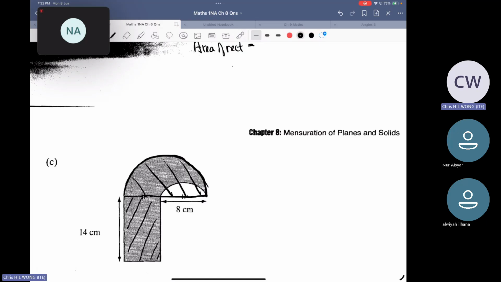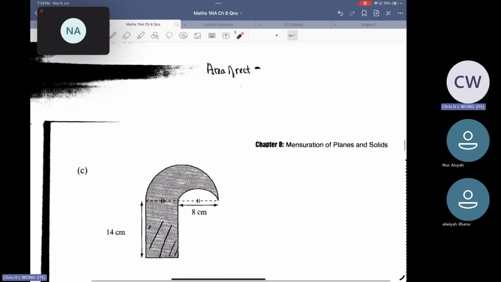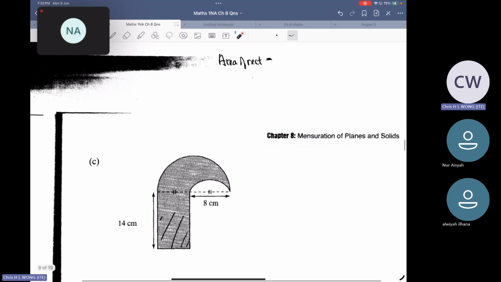14, right? Now you can see this 8. You notice there's two lines here. So these two are the same. So if this is 8, this must be 8 also. So area of rectangle is 14 times 8.